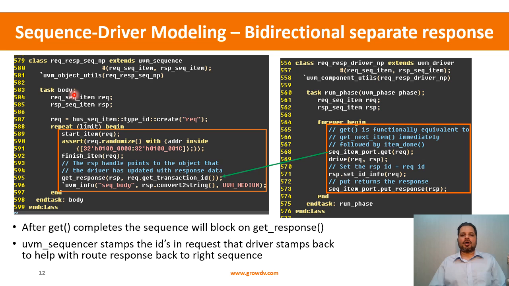Then we have the body, and we are creating the request sequence item. Note that we are creating it outside the loop in which we randomize it multiple times and send it. So it's the same request sequence item randomized multiple times and sent. It's not that we are creating it again and again.